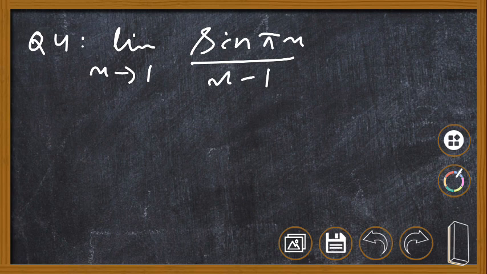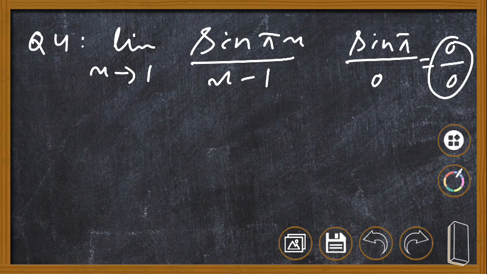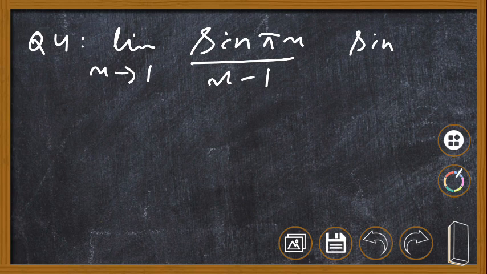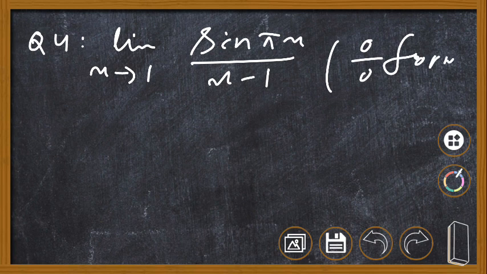If I put x tends to 1, it will be sin pi divided by 0, and sin pi value is also 0, so it is in 0 by 0 form. For 0 by 0 form, no need to write in detail, just write this is in 0 by 0 form. For this, I have suggested you to apply L'Hospital rule.